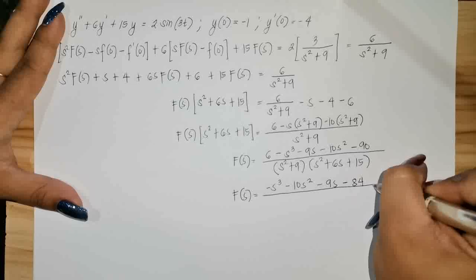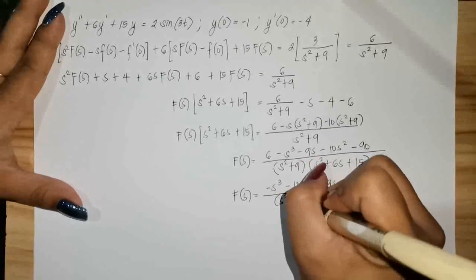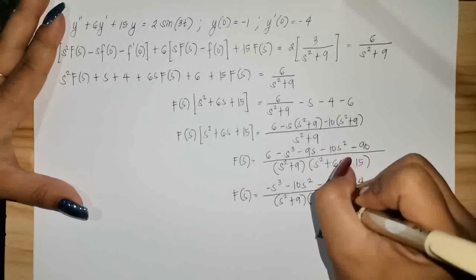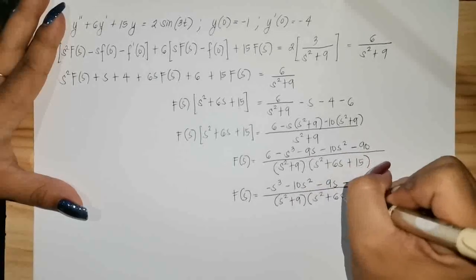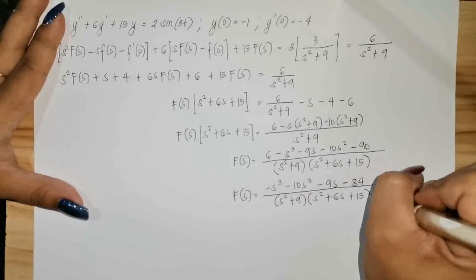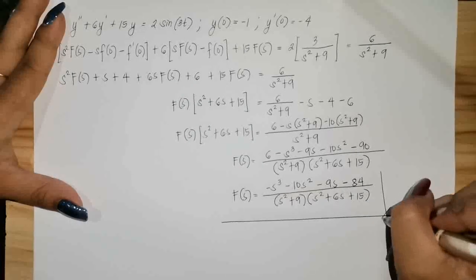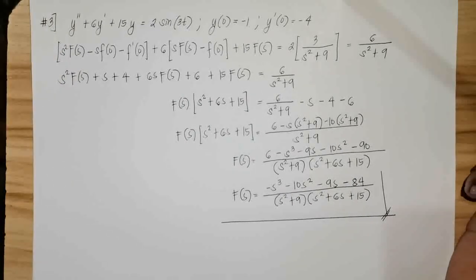All over s squared plus 9 multiplied by s squared plus 6s plus 15. And that is the Laplace transform of y double prime plus 6y prime plus 15y equated to 2 sine of 3t.